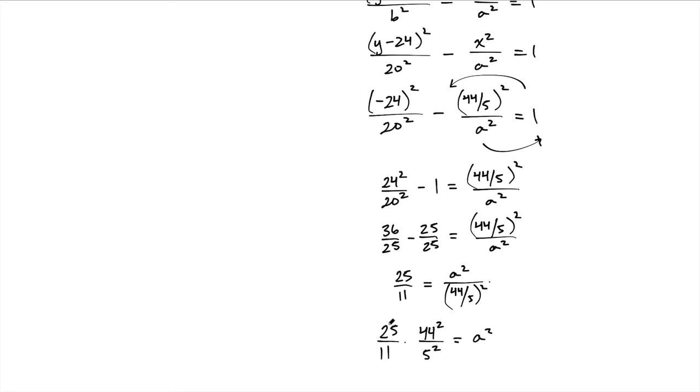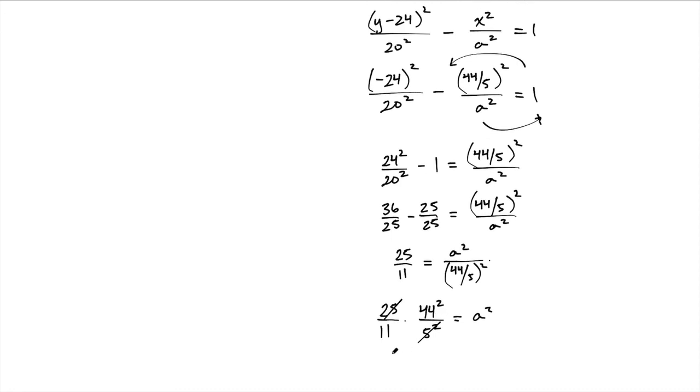Because now 5 squared is 25, so that cancels. And 44, I'm going to rewrite that. That's 11 times 4, and it's squared, so I'm going to write another 11 times 4. And I do that because now one of the 11s will cancel. And that's going to be our a squared.